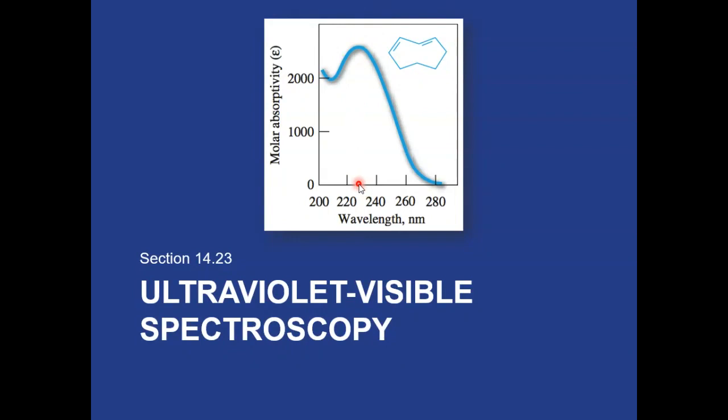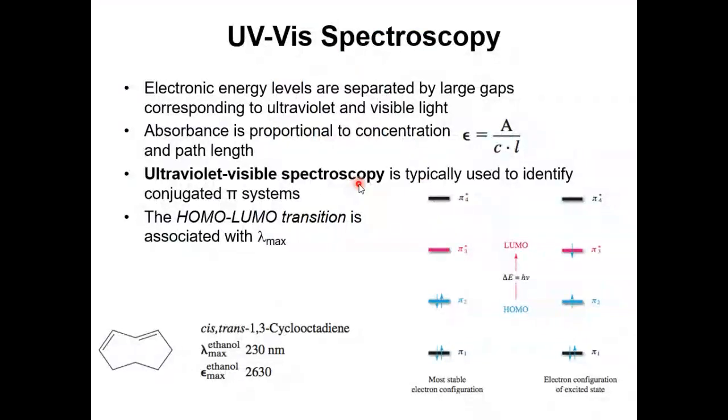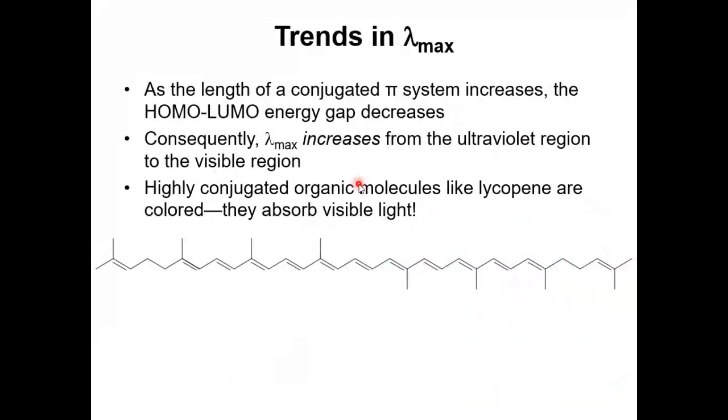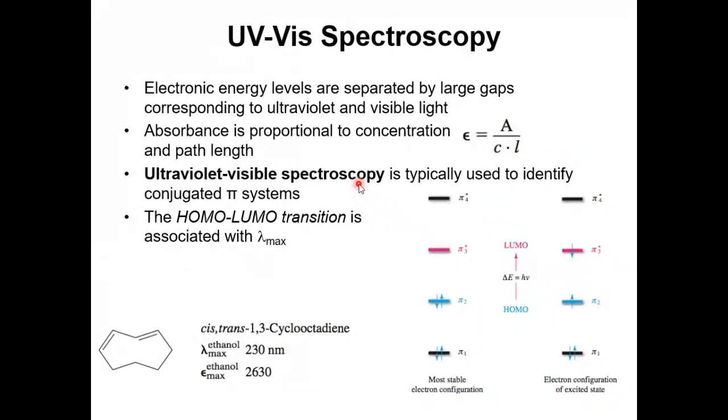In this particular case, it's a little lower than 230 nanometer, around 230 nanometer. What this can tell us is the energy gap between the HOMO, highest occupied molecular orbital, and the lowest unoccupied molecular orbital.